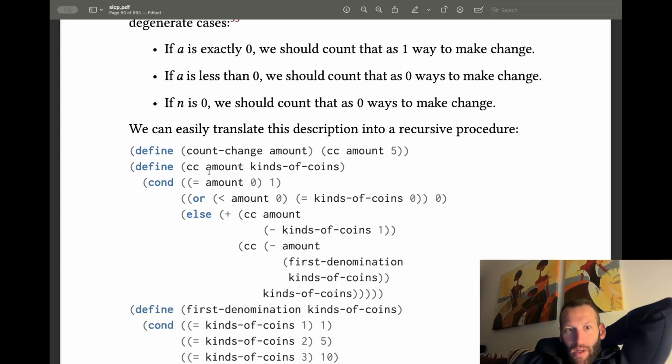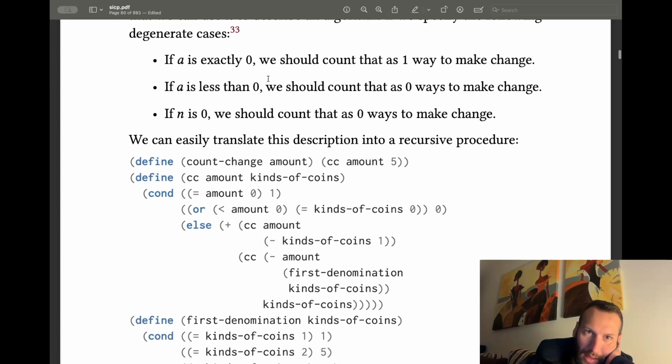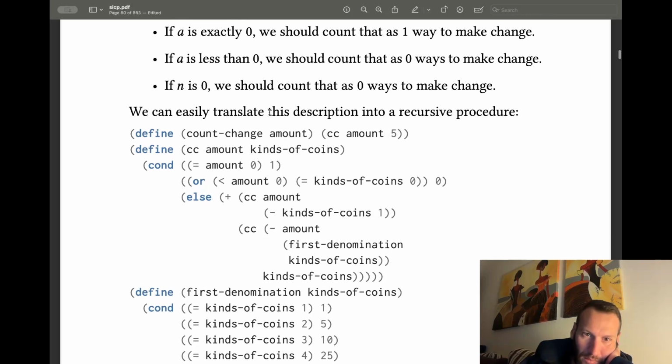We have one condition. There are the conditions listed above. And if those conditions are not met, the function calls itself recursively.